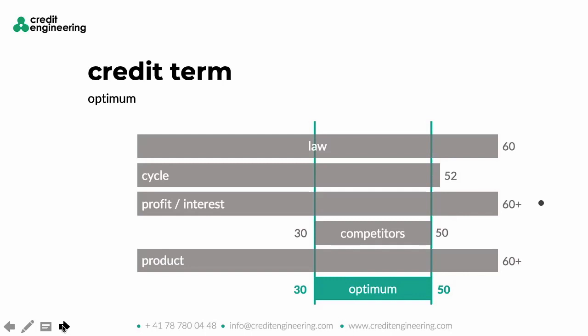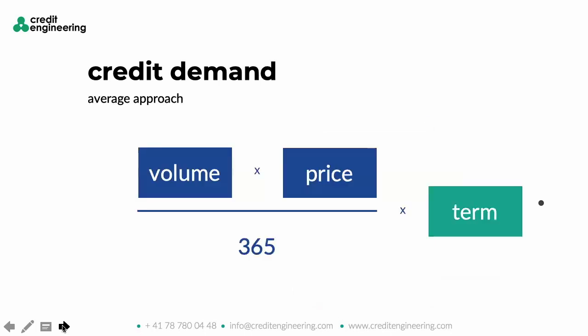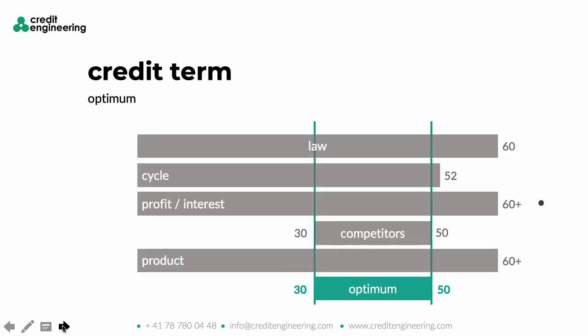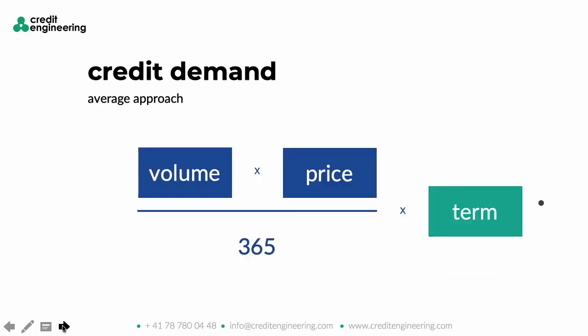So we need to define credit term, we need to define credit limit, and we need to define credit demand. Obviously, knowing credit term, knowing the potential credit term, or what we call the range of optimal credit terms, in this specific example from 30 to 50, we need to take sales volume multiplied by price, get future turnover, then multiply by term, divide by 365.